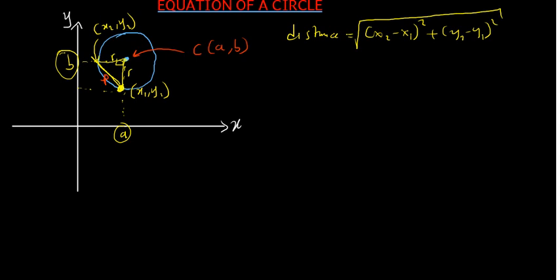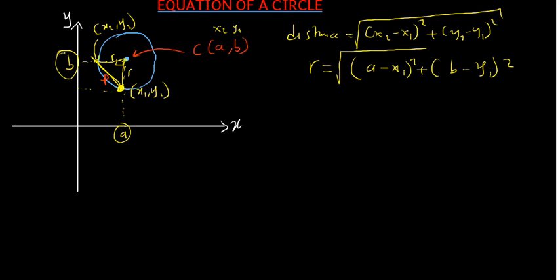Now the distance is giving us a radius, so we are going to say radius is equal to, if we take the center as x2 and y2, then that is going to give us x2 is a minus x1, which is the coordinate, squared plus y2 is b minus y1, which is from a point that is on the circle.